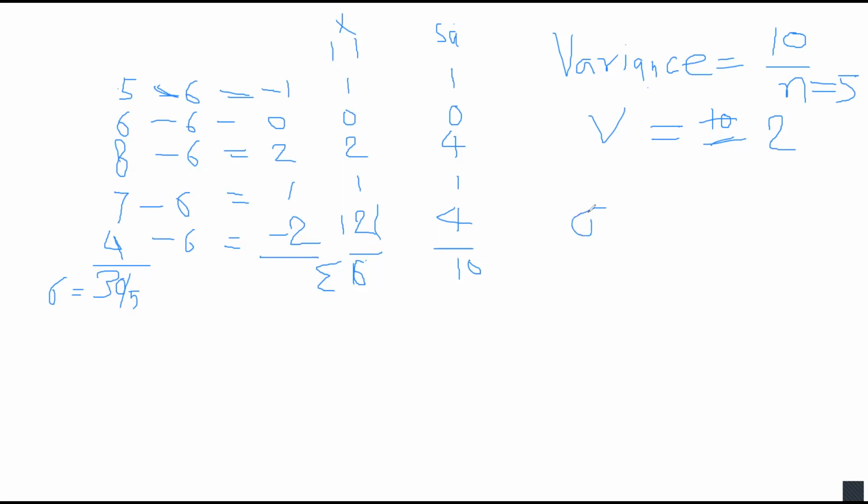Sigma equals the square root of variance. So this is the relationship between standard deviation and variance. Whatever value we got here, we got 2, and the square root of 2 is the standard deviation.